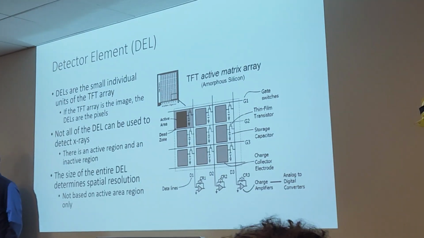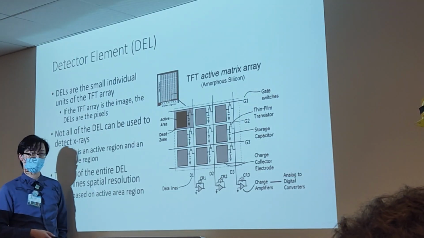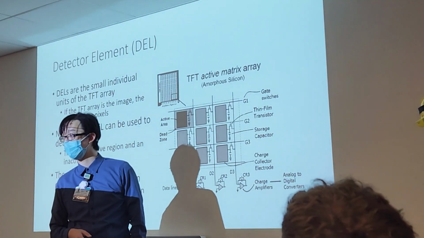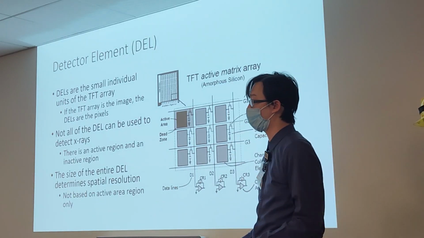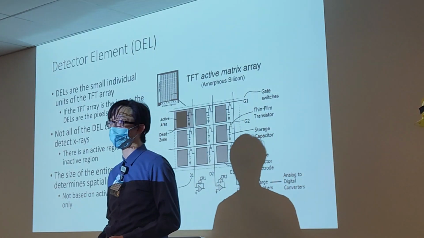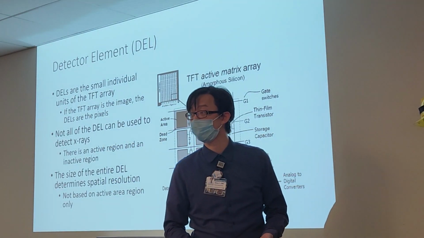For test purposes, what should you be interested in? If I ask you the definitions, like where would you find the capacitor in a TFT? And your answers were, the capacitor's in the photodiode, the capacitor's in the active area, the capacitor's in the inactive area, or the capacitor is in the scintillator.